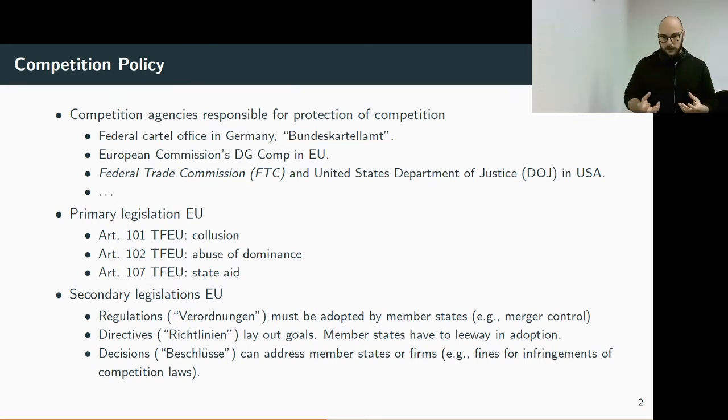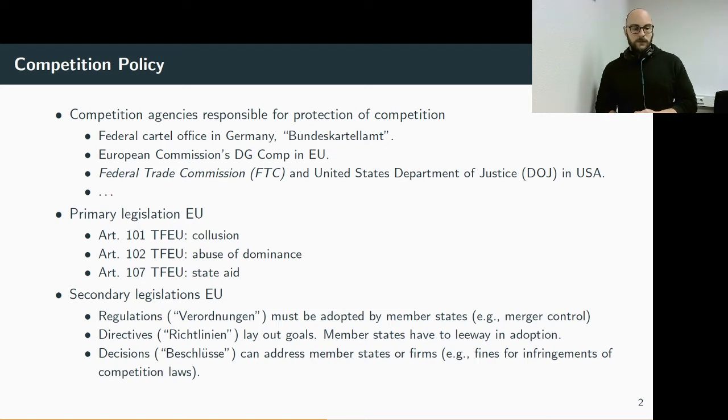If we are talking about European Union competition policy, then we start at the highest level, which is the European Commission. There we have primary legislation, and most important for us are Articles 101, 102, and 107 of the Treaty on the Functioning of the European Union.